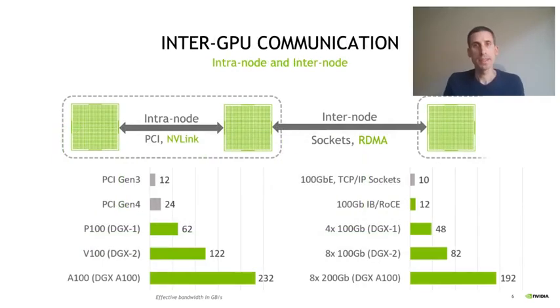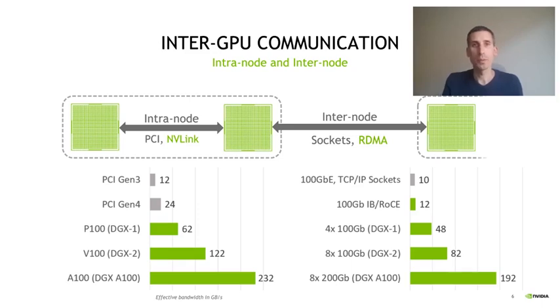And speaking about performance, it will vastly depend on the underlying technology you're using. Here you can see a variety of performance you can get depending on the platform you're running on. For example, if you use multiple GPUs within a system, just using the PCI Gen 3 x16 link you have, that will give you something around 12 gigabytes per second, potentially less if you're going through a CPU.